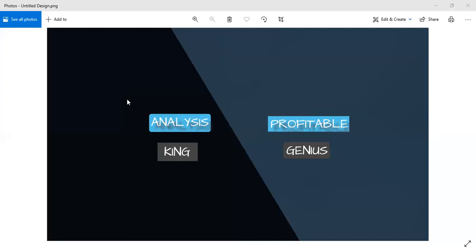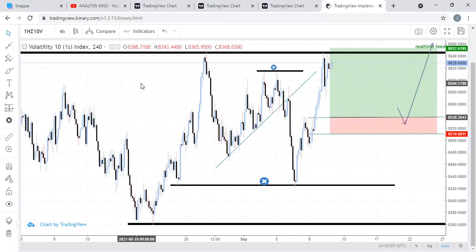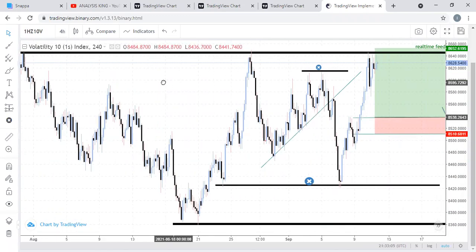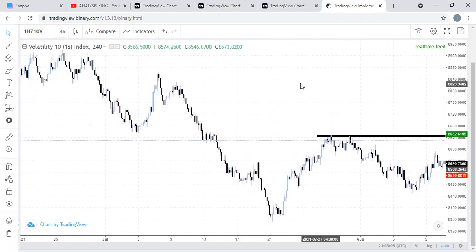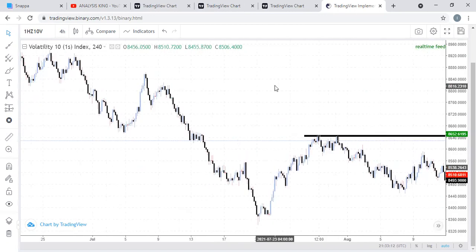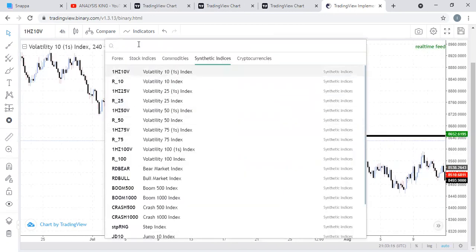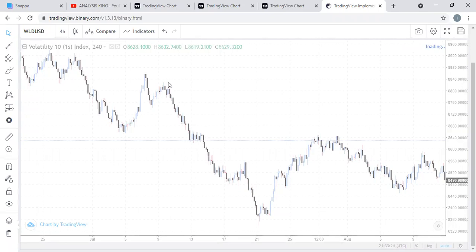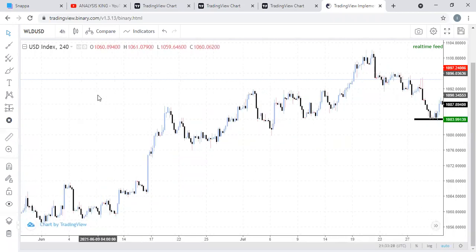Let's get into the charts. Perfect. The first thing we're starting with is the forex pairs, though we'll also cover volatility indexes. First, I want to start with the US dollar, to view the strength in the dollar.